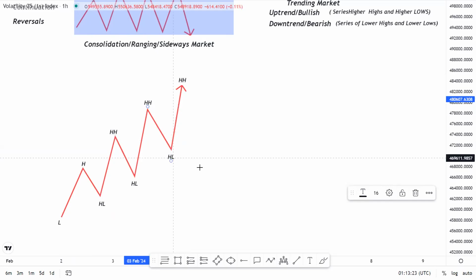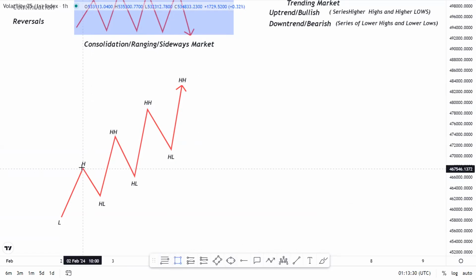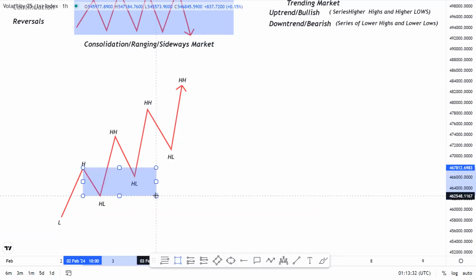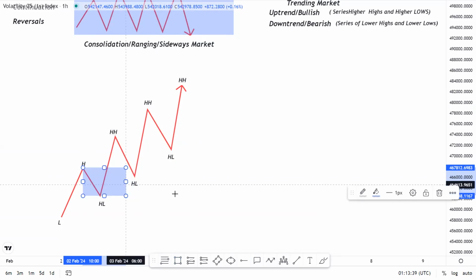So clearly we have a clear picture of it.